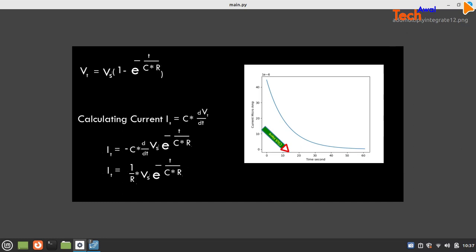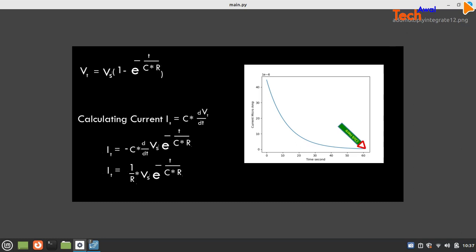Now we know the capacitance, the resistance, and Vs. So the theoretical current would be like this with our mathematics. The beginning would be around 44 microampere, and it would proceed later and become 1 or 0. So this is the theoretical current that we are calculating.